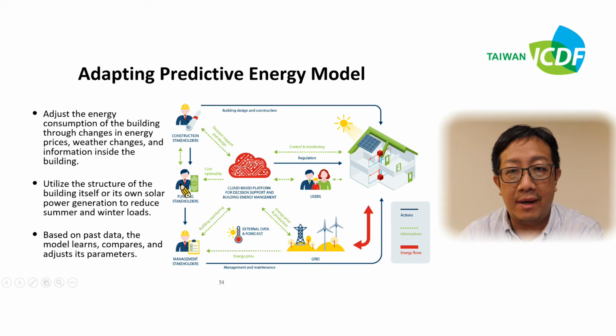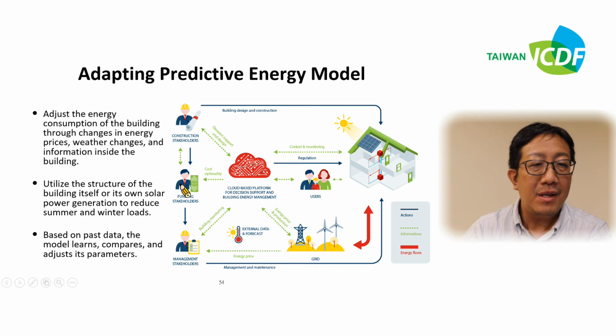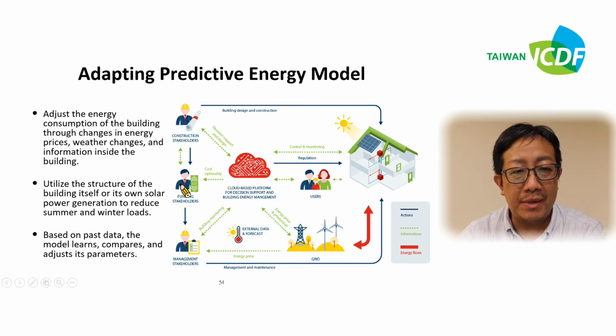Adaptive predictive energy models adjust the energy consumption of the building through changes in energy prices, weather changes, and information inside the building. They utilize the structure of the building itself or its own solar power generation to reduce the summer and winter loads.